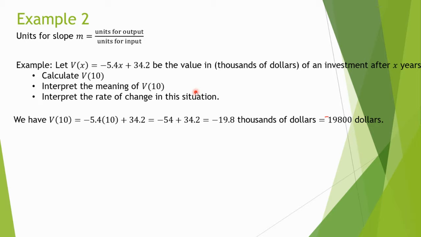But what's the meaning of that, though? Well, that's where the definition of the function comes in. That is this stuff over here. This is basically telling us in words that the value of an investment 10 years later will be worth negative $19,800. In other words, it's going to lose $19,800 in value.